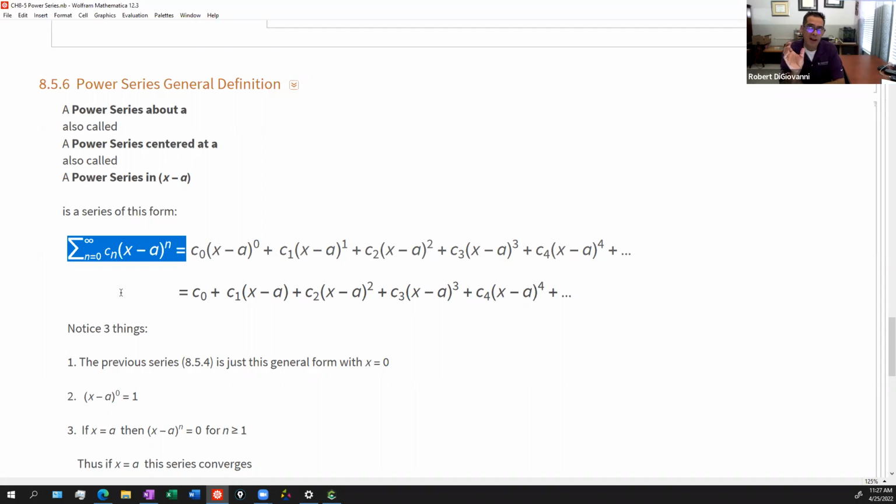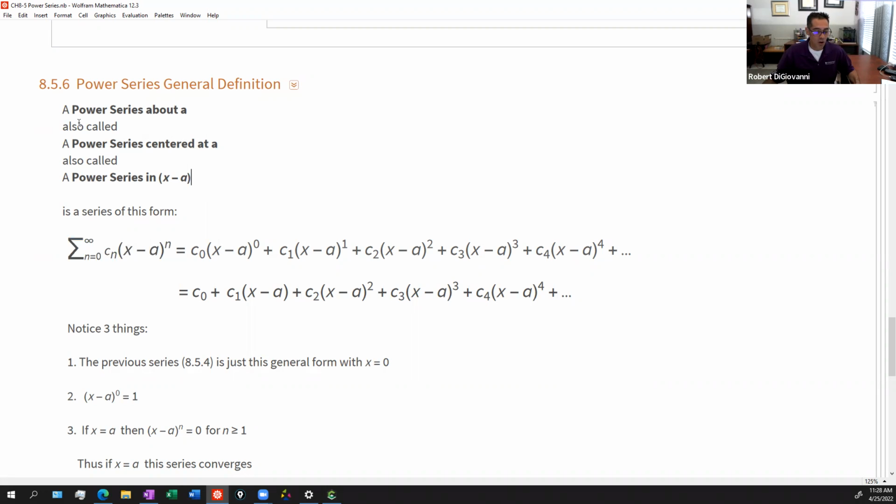Subtracting a number inside the function moves it to the right. Adding a number inside the function moves it to the left. It's opposite of what you think, right? So all I've done here is exactly what I just said: we're going to be able to move that window. All we have to do is think about a general left and right shift of the series, which gives us our most general formula.